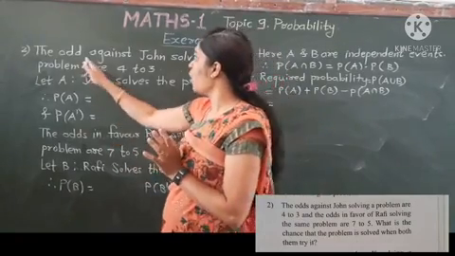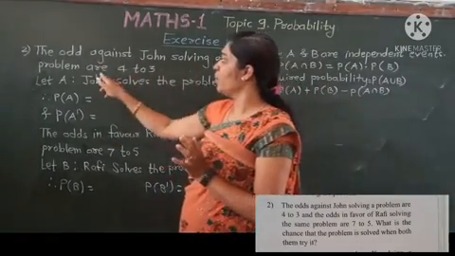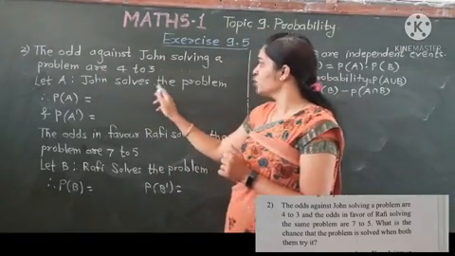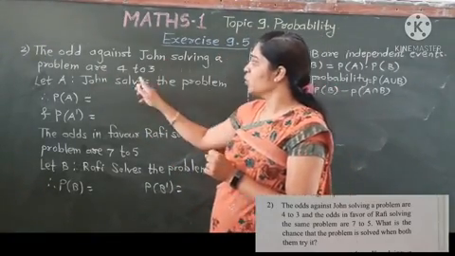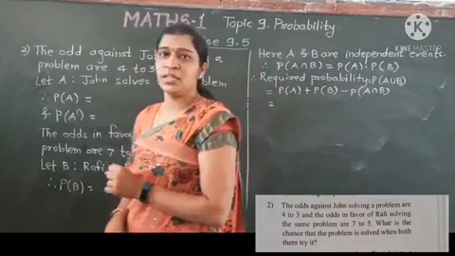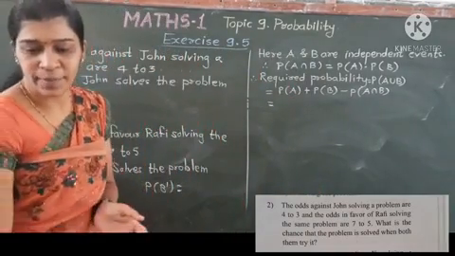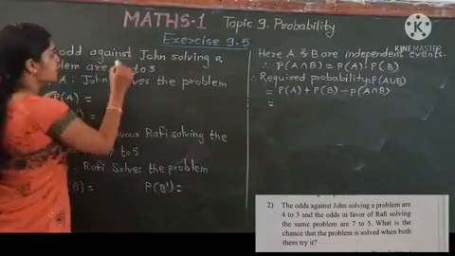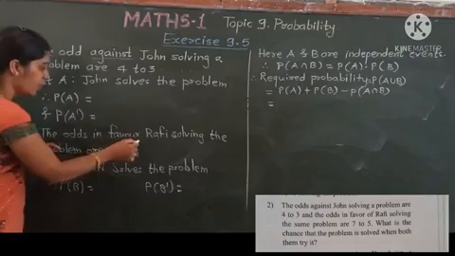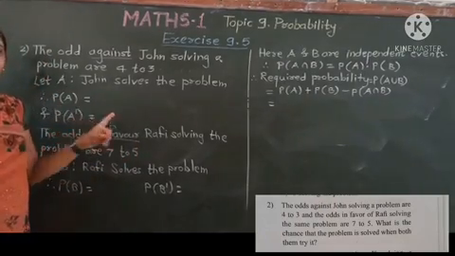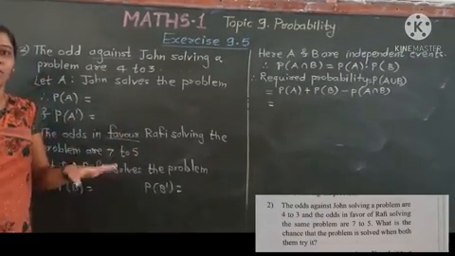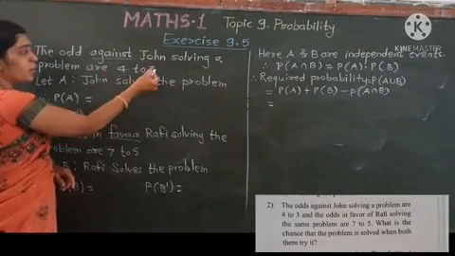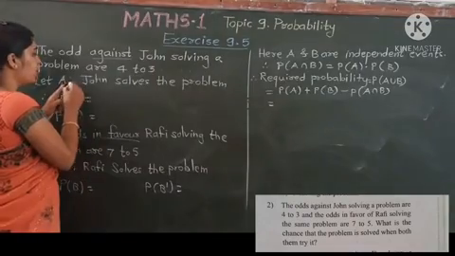First, given that the odds against John solving a problem are 4:3. Suppose A is the event John solves the problem. So what does P of A become here? See here what P of A becomes and what P of A dash becomes. The word against and the word favor denote favorable to unfavorable or unfavorable to favorable. Against means here unfavorable to favorable. What is the favorable event?